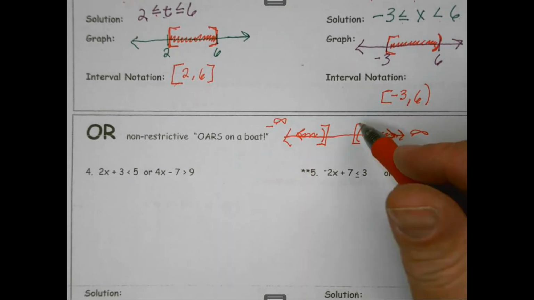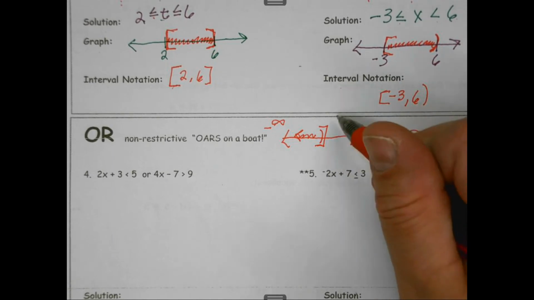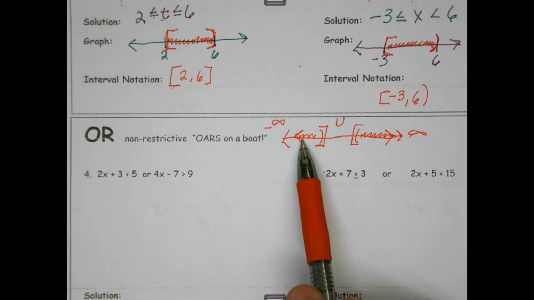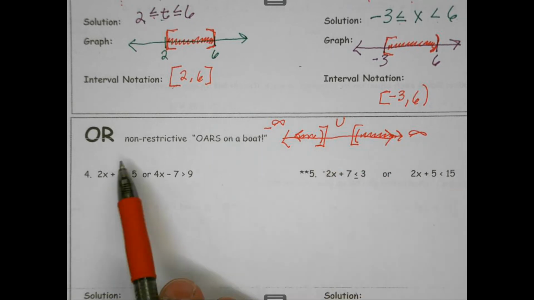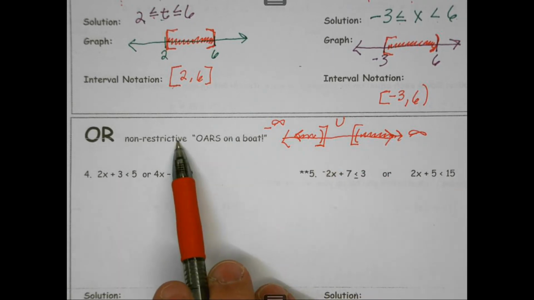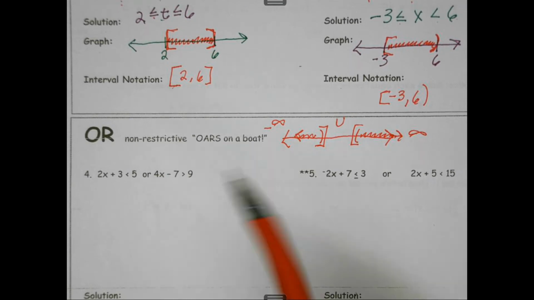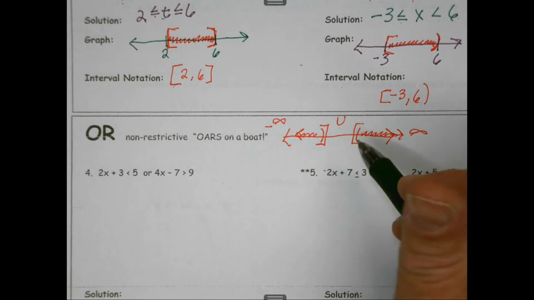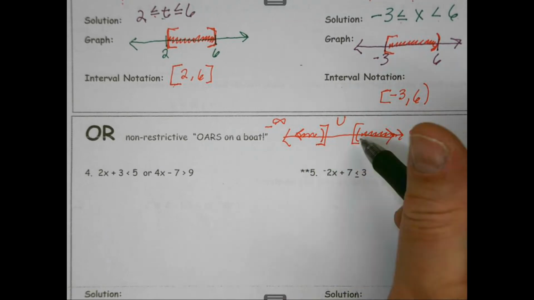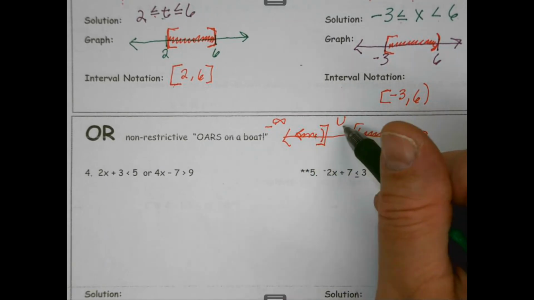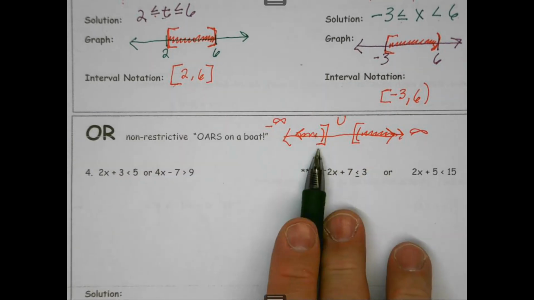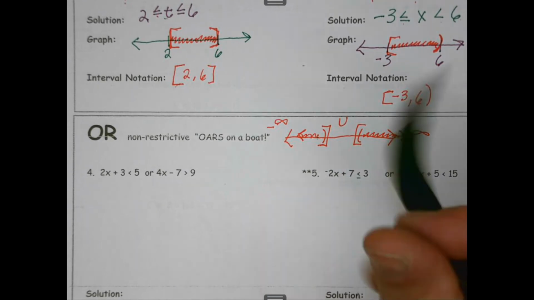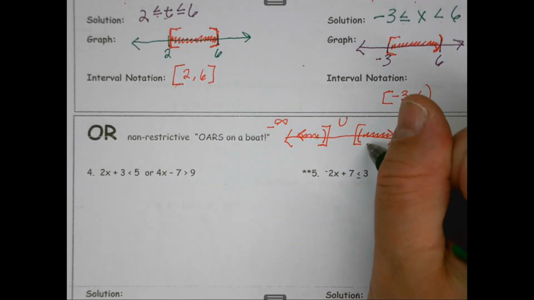That's why we call it non-restrictive. Now, there's a but to this one. Sometimes we can have one of these ors, so to speak, overlap. Say it goes from here and out to negative infinity, in which case that would include all real numbers.